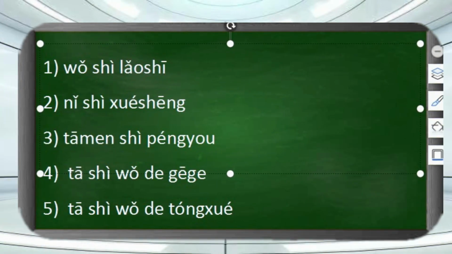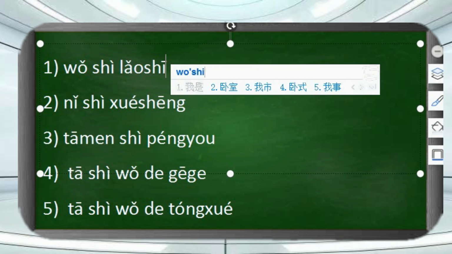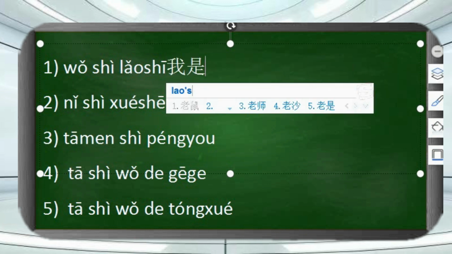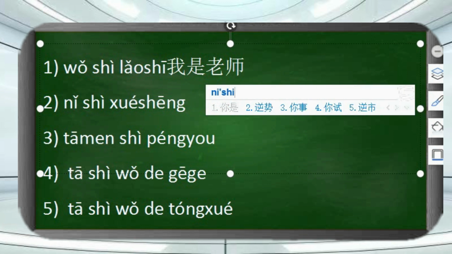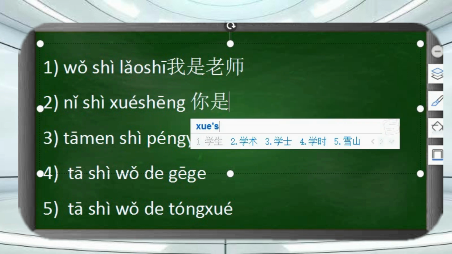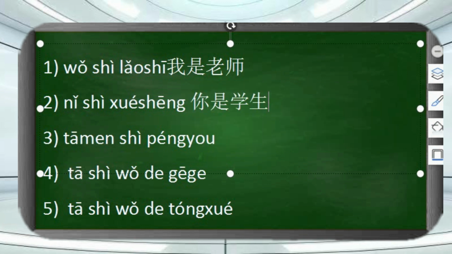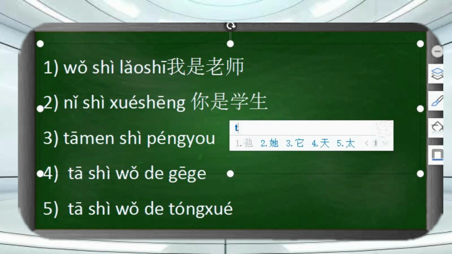Now comes the characters typing session. 我是老师, I am teacher. 你是学生, you are student. 他们是朋友, they are friends.